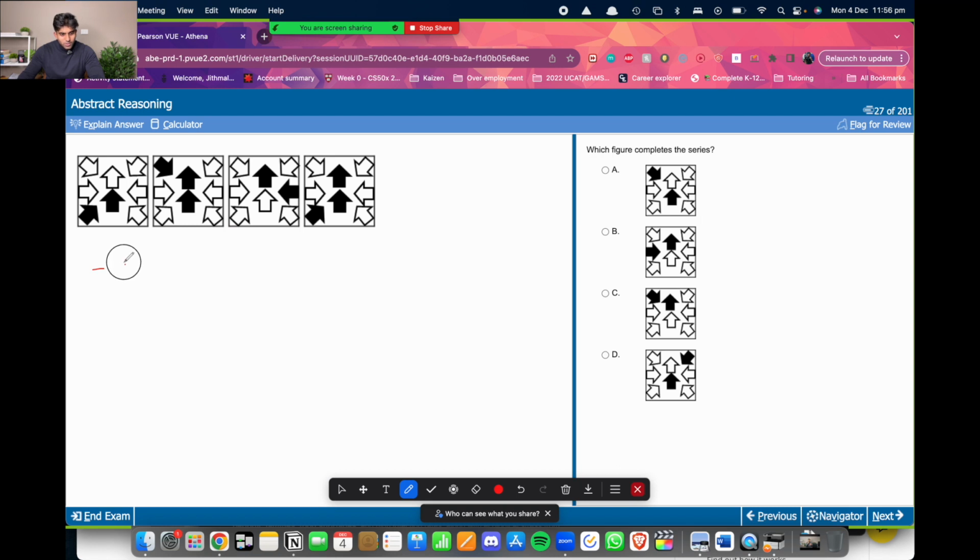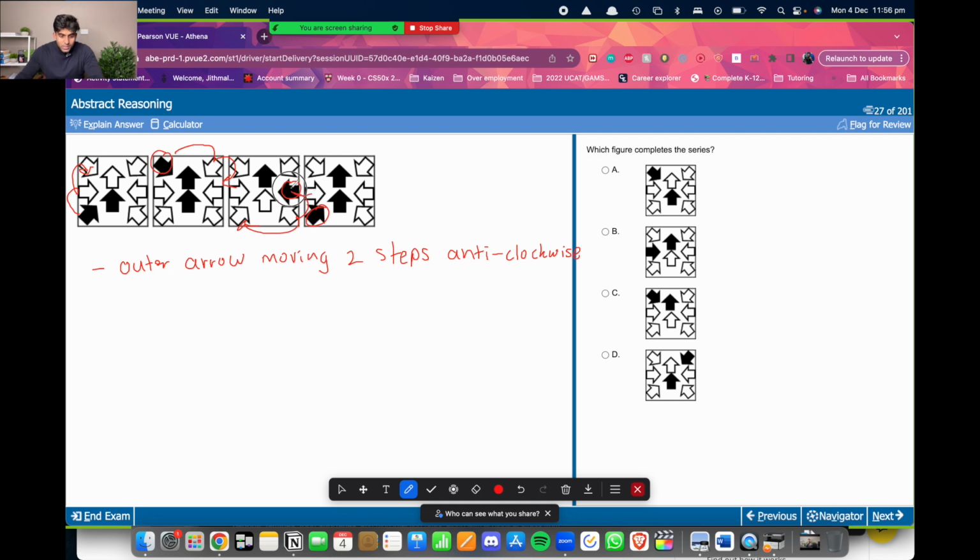So outer arrow moving 2 steps anti-clockwise. Okay, so 1, 2, that gets you there. 1, 2, that gets you there. 1, 2, that gets you there.